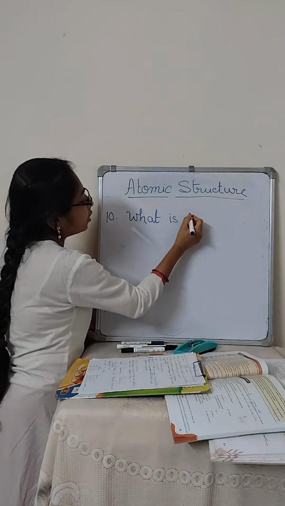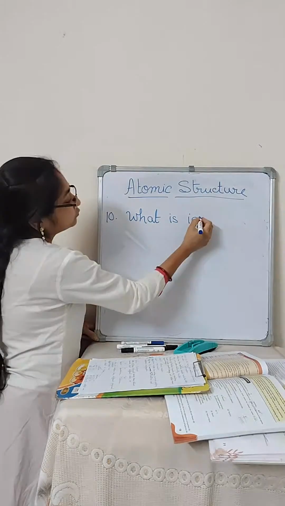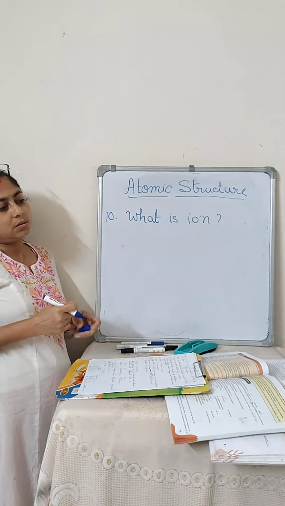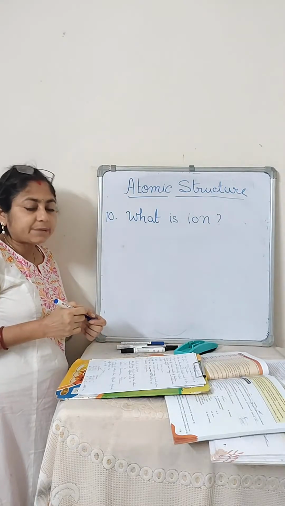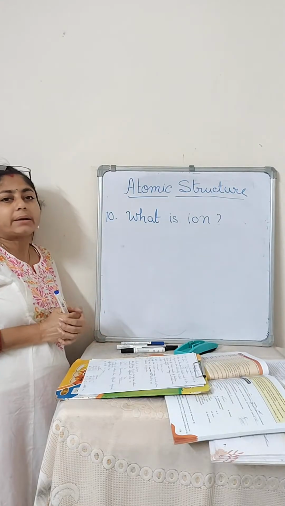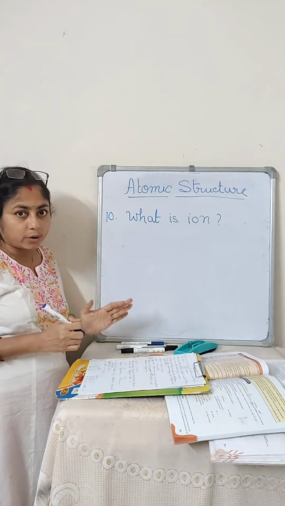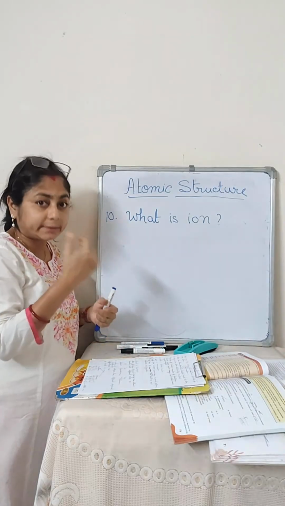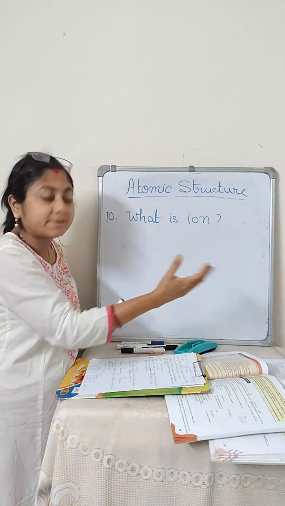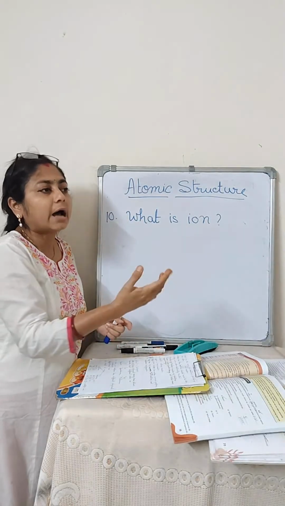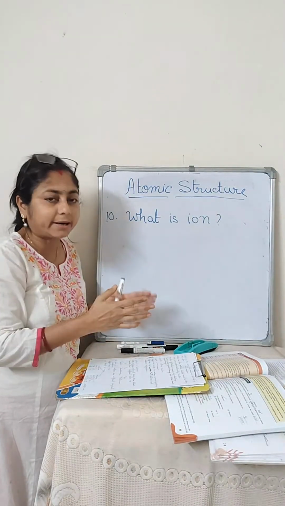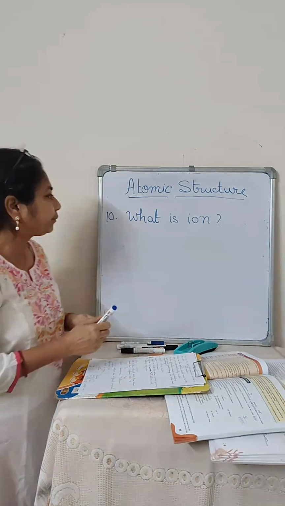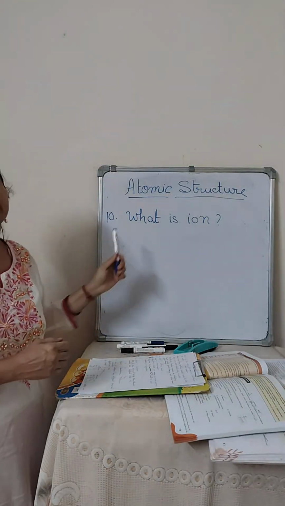What is an ion? Positive or negative charged particles of an atom are called ions. When the atom is in its normal state, it has no charge. But when the atom gives an electron, means donates an electron, or accepts an electron, in these two cases it becomes charged. It becomes an ion. Okay. Now I tell the different types of ions.